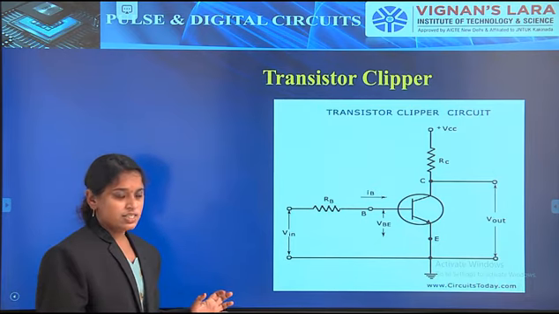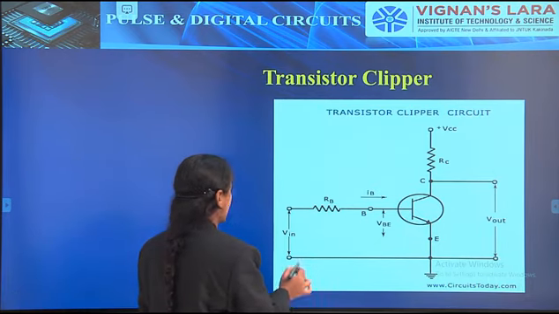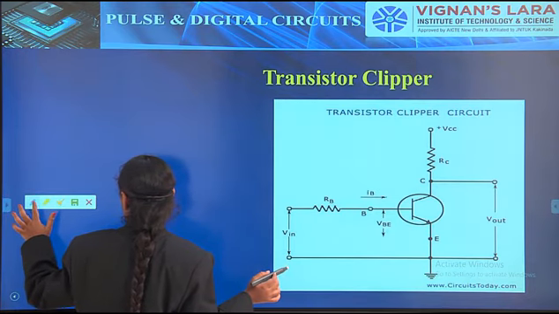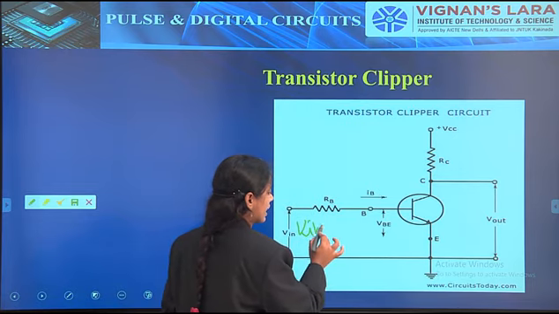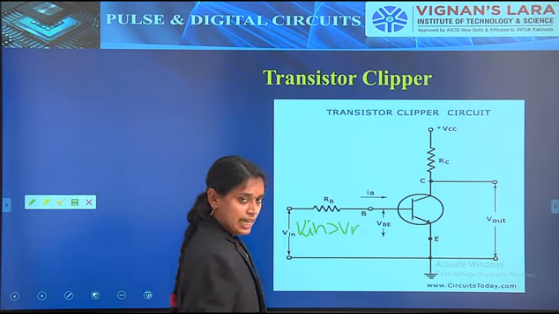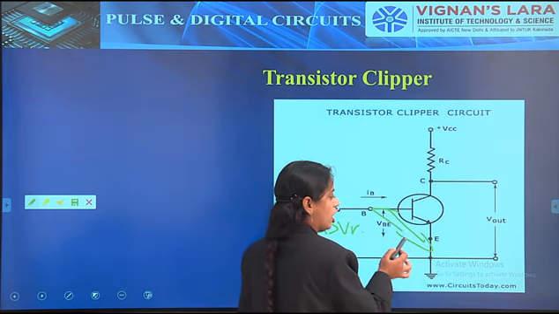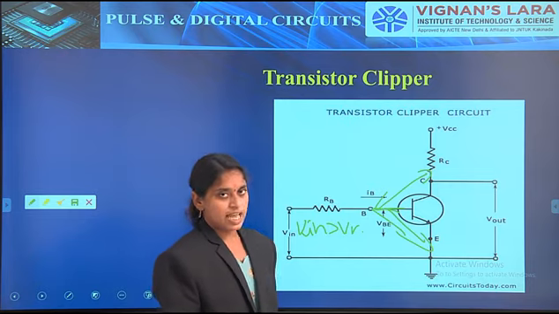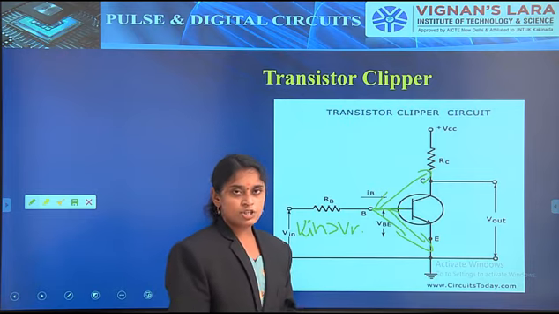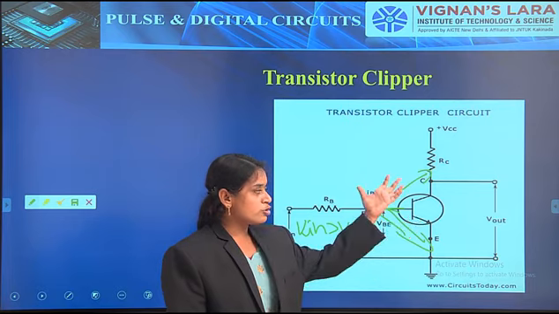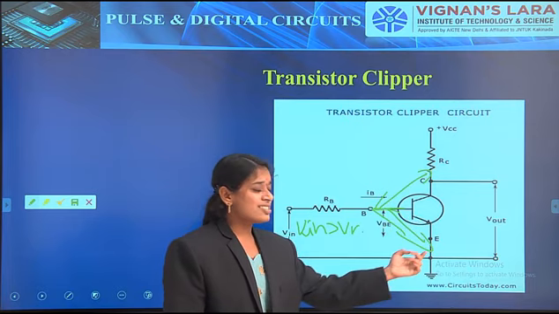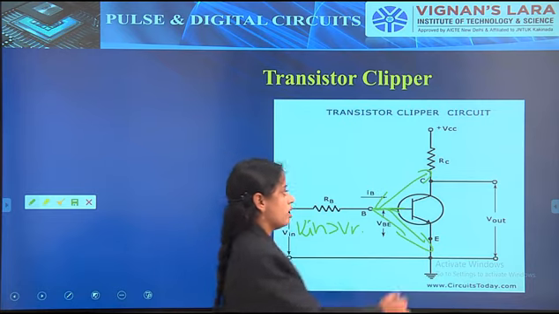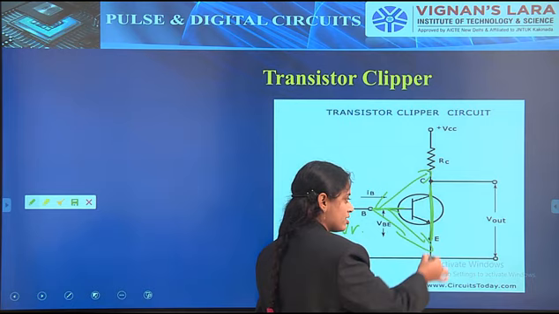So when V input is greater than V gamma, we have to observe what happens. The transistor is in the on condition, in the saturation region. When the transistor goes to the saturation region, it becomes an on switch, which can be replaced with a short-circuited path.